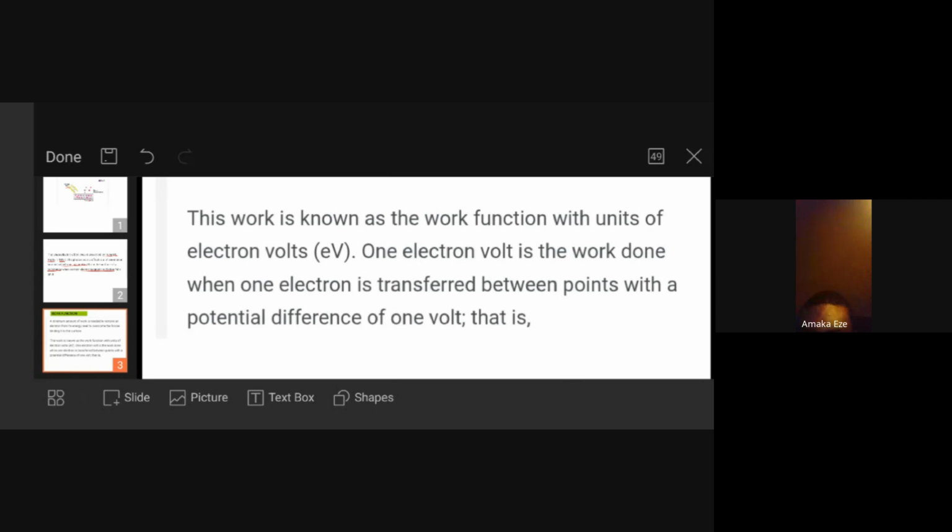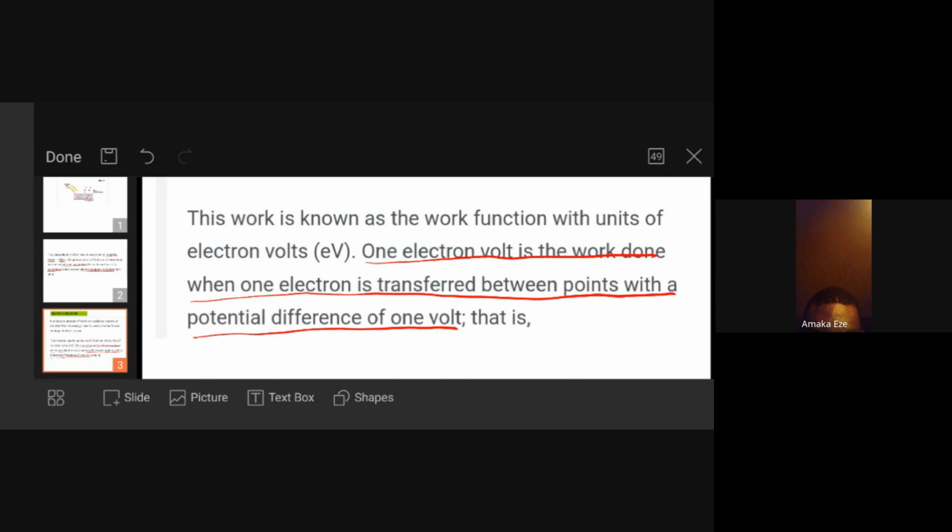Now the question is, what exactly is an electron volt? And what's the relationship between 1 electron volt and joules? Firstly, you can see clearly on the slide that 1 electron volt is the work done when 1 electron is transferred between 2 points with a potential difference of 1 volt.